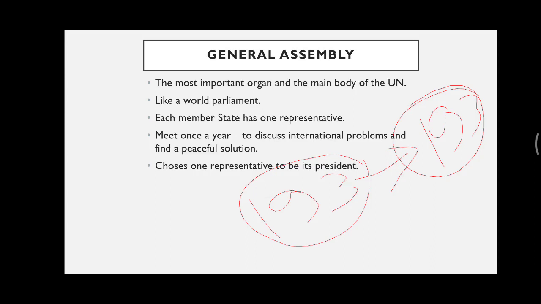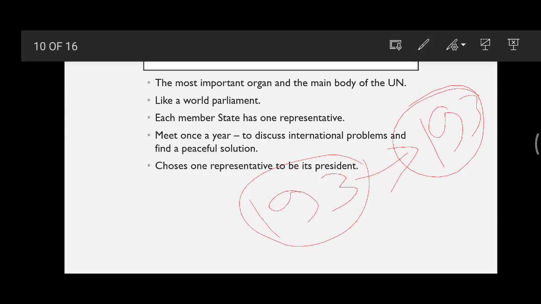It is like a world parliament, and this General Assembly meets at least one time in a year. Out of these 193 representatives, one person is selected, and this person is made the president of the General Assembly.